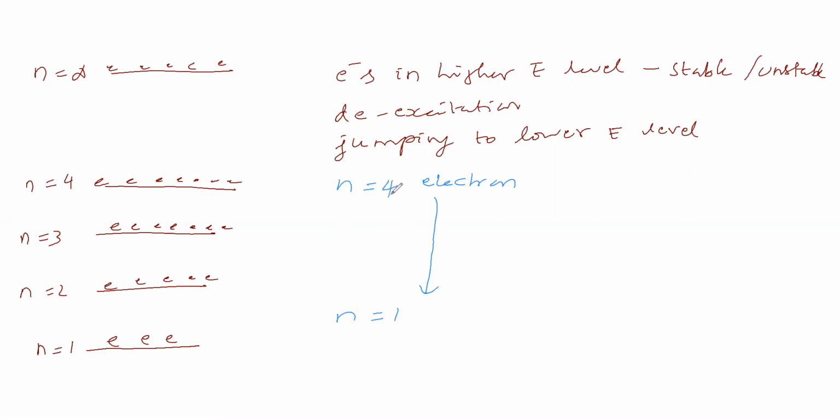It is in a higher energy level, so it has lower stability, and therefore it goes for de-excitation. One possibility is that it directly jumps to the first level. Another possibility is that it comes to the third level, and from the third level it jumps to the first level.